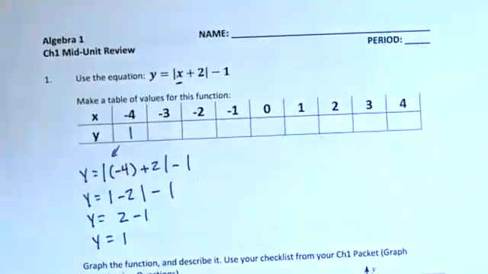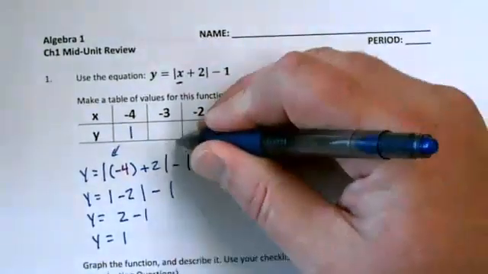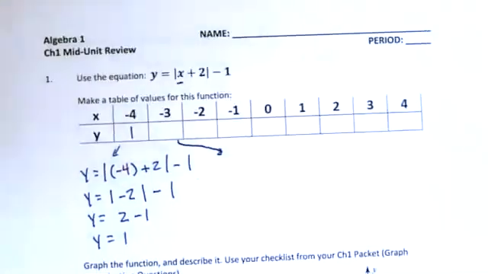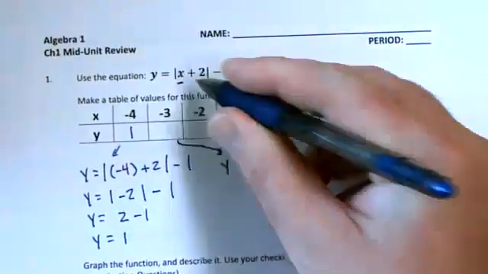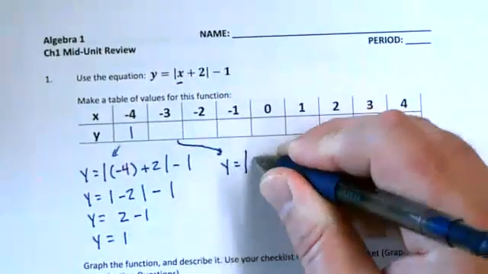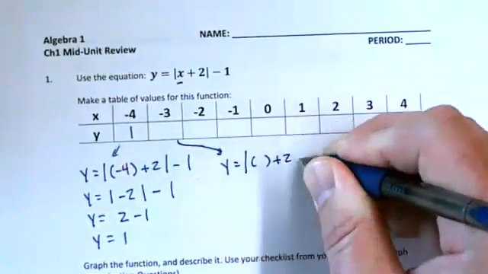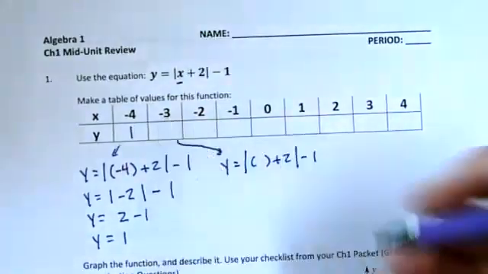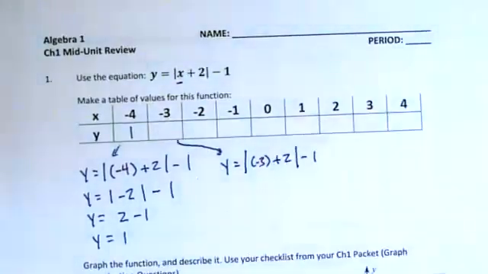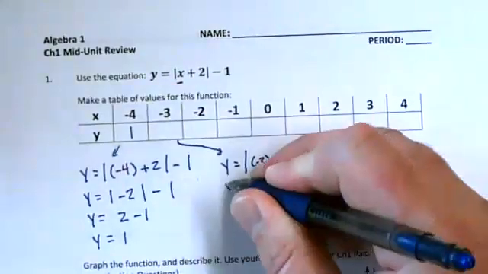Let's do one more together, and then I'll let you do the rest of the table on your own. So this time we're going to use an x value of -3. So let me copy down my original equation. I'm just leaving my x out. And in place of the x this time, I'm going to use the -3. So let's simplify here.